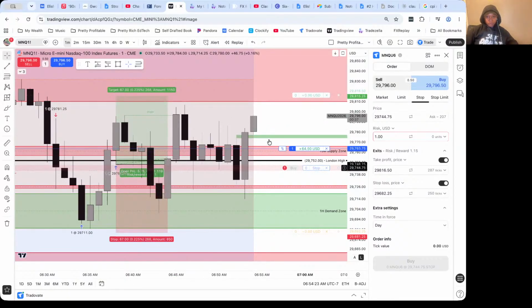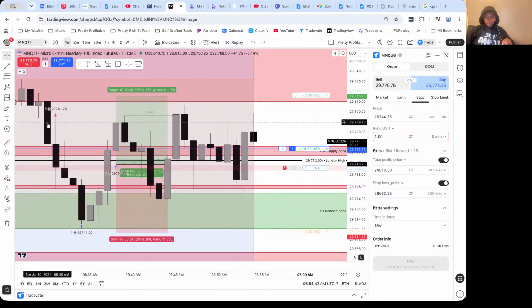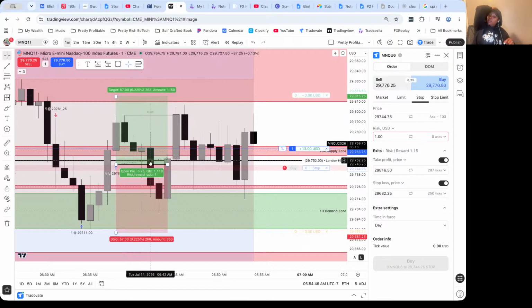See, that was my entry, so I'll exit once it hits up here. Just holding it. And as you can see, it's been respecting the zone since market open. Market opened at 6:30, so it's been respecting the zone for the past 24 minutes. So this is a strong zone.